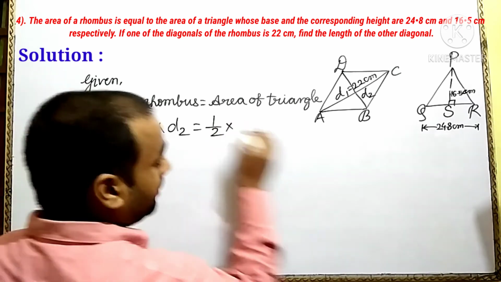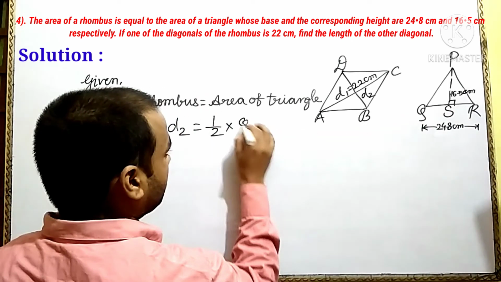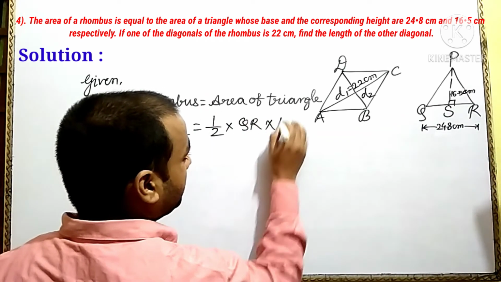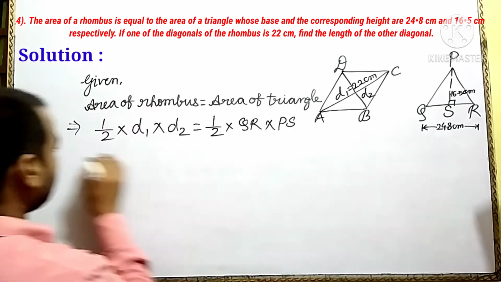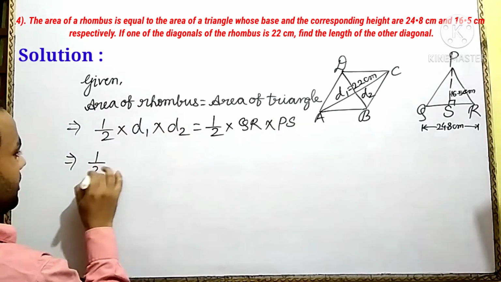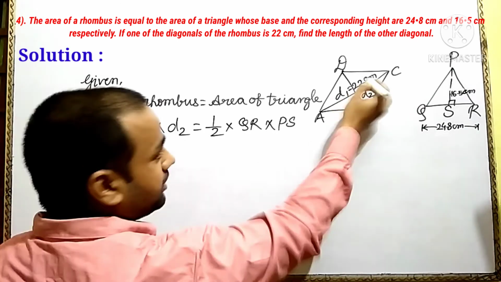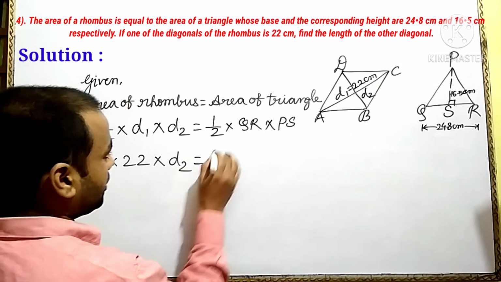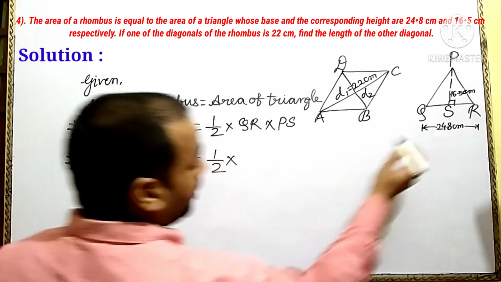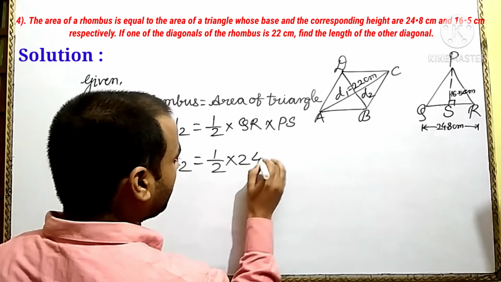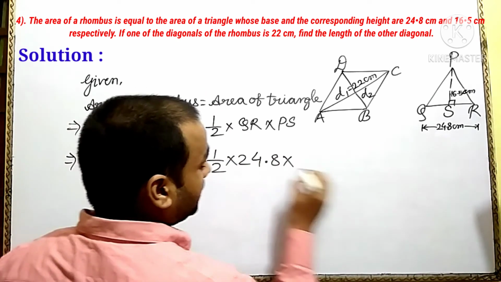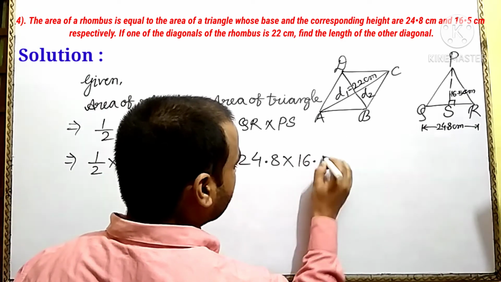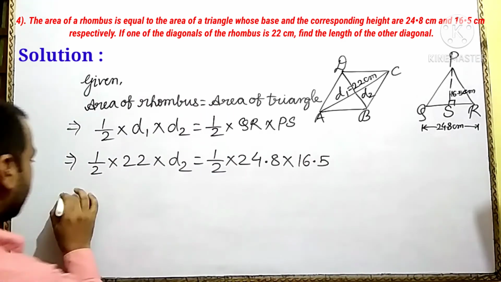Here base is QR and height is PS. Half, the value of D1 22 centimeter into D2 is equal to half, QR is equal to 24.8, PS is equal to 16.5. Is it clear?